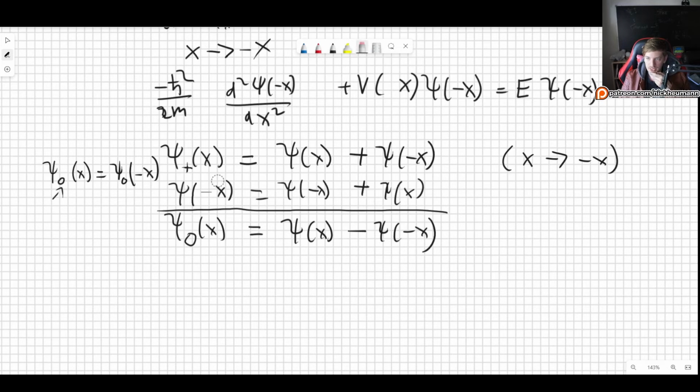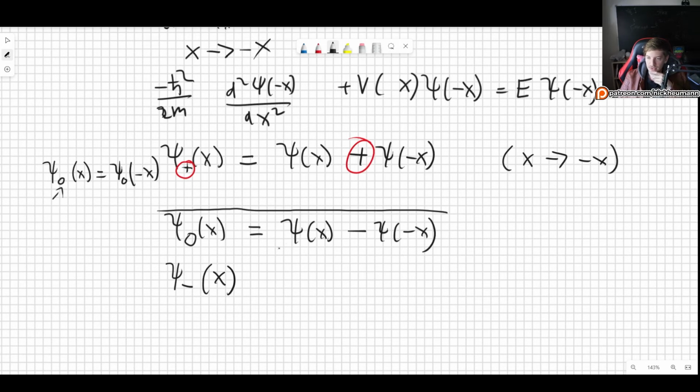Okay, so this is even, so psi plus. Why psi plus? Because it is defined with a plus here. It's because of this plus that this is called plus. Now let's do the same for this other unknown, even though I guess you may see where this is going now. So I will immediately call it psi minus. So if we do the parity transformation, x to minus x, then we have psi of minus x minus psi of x.